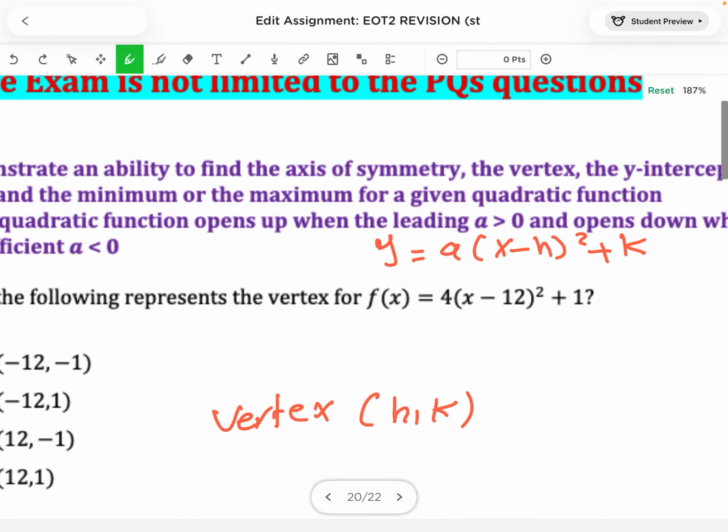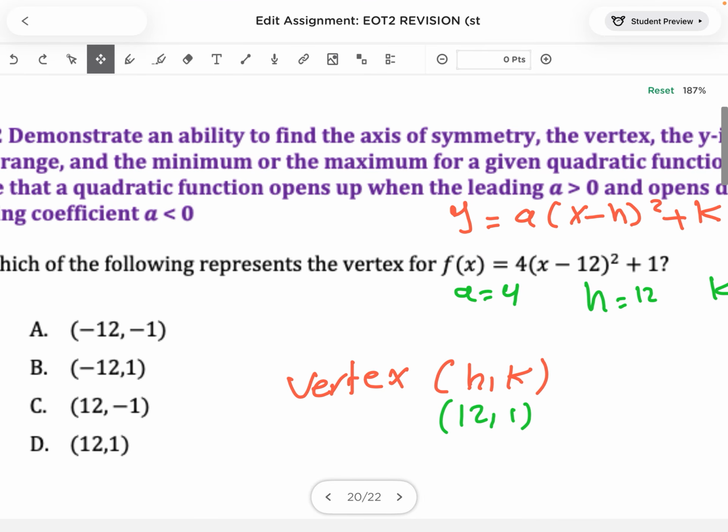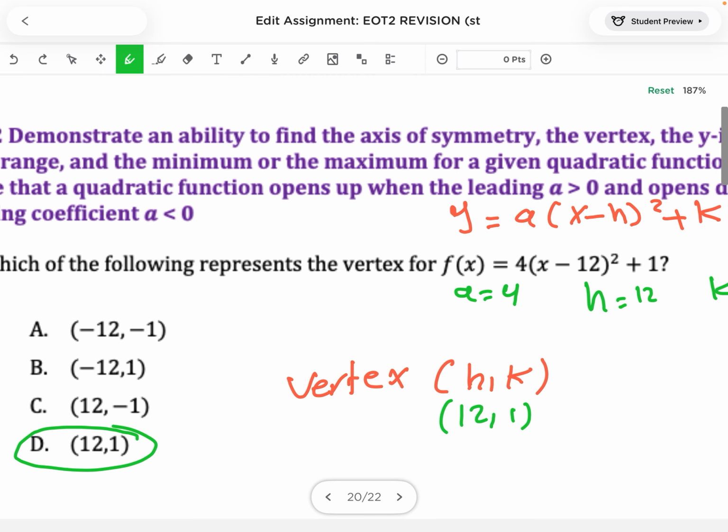Now, if we look at the example, we see that the value of a is 4, h is 12, while k is 1. Well, the vertex is h comma k, which means 12 comma 1. Where is 12 comma 1? It is the first part, D. 12 comma 1.